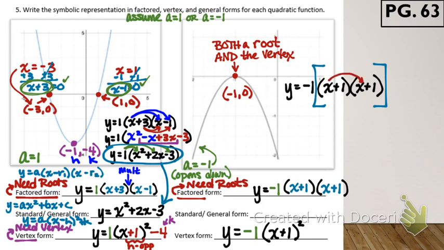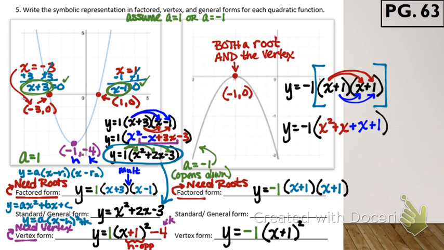So I'm going to take the x and distribute it to both pieces. So that would give me x squared plus x. And then I have to take the second part of that first binomial and distribute it as well. So I have plus x plus 1.